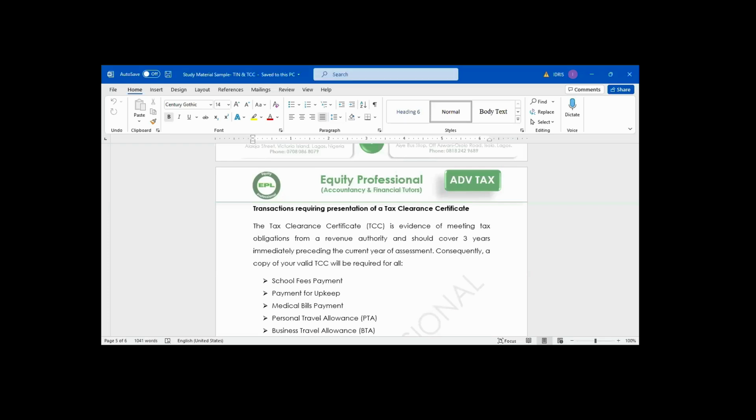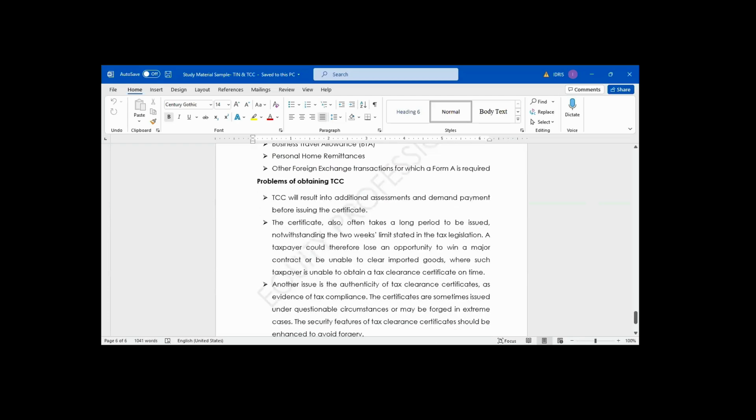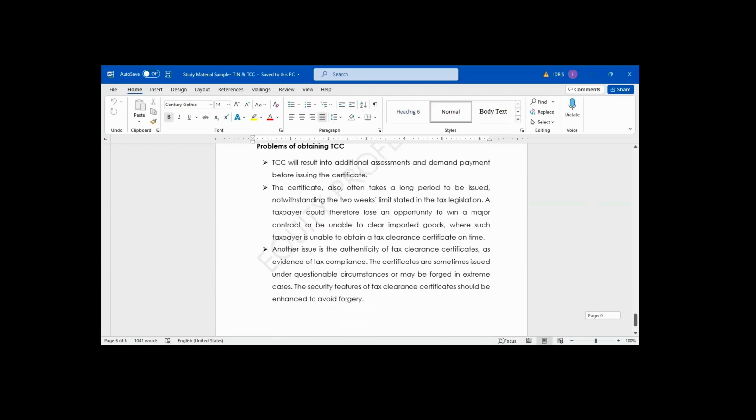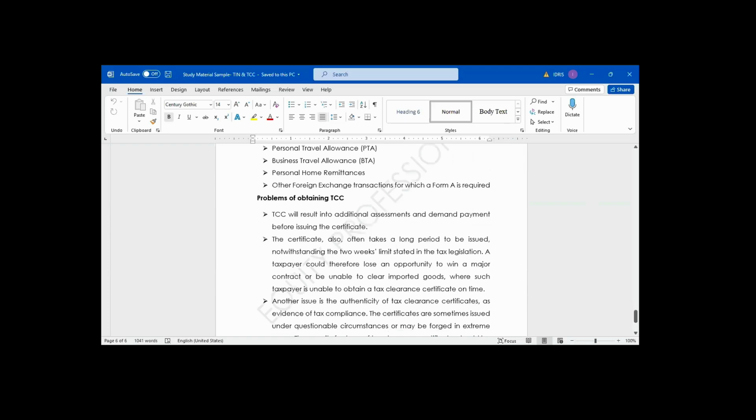They will ask for your what? Tax clearance certificates. So these are the transactions an individual wants to do that they will ask, go and bring your tax clearance certificates.